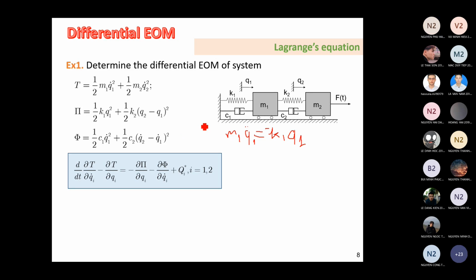Another thing, I think it's K2 multiply Q1, and K2 multiply Q2. Is it plus or minus? I think it's minus.